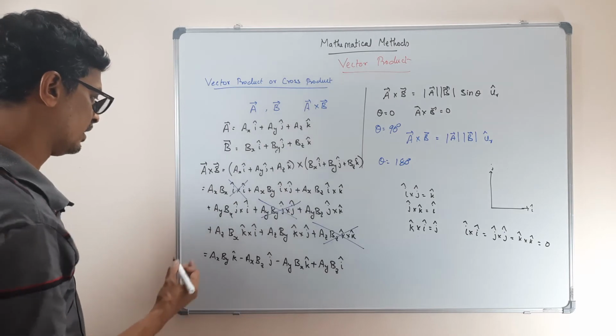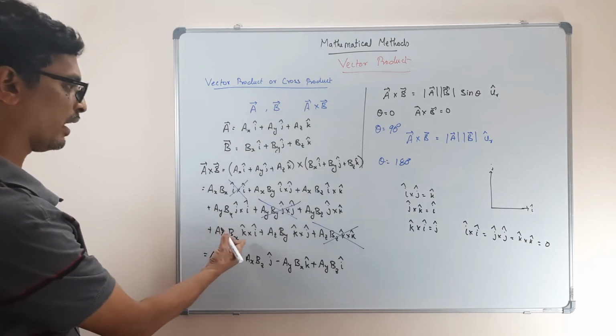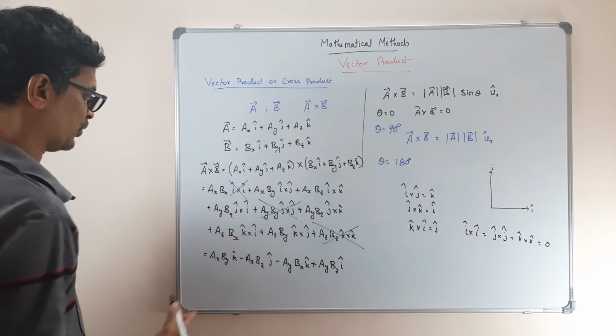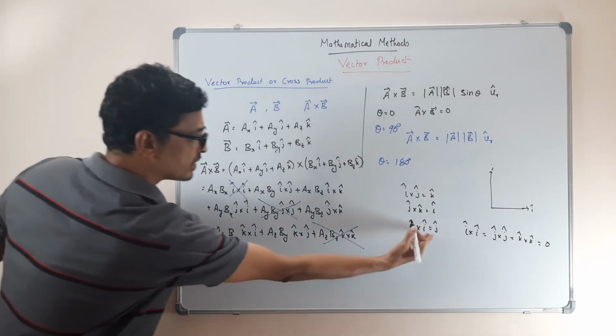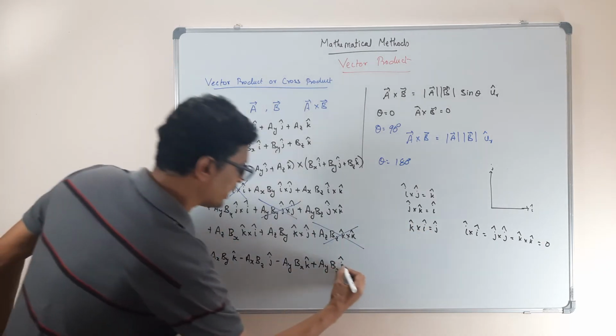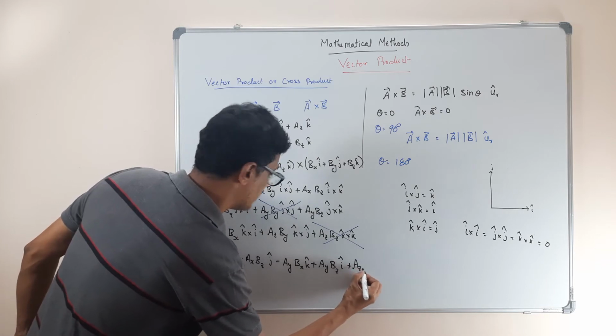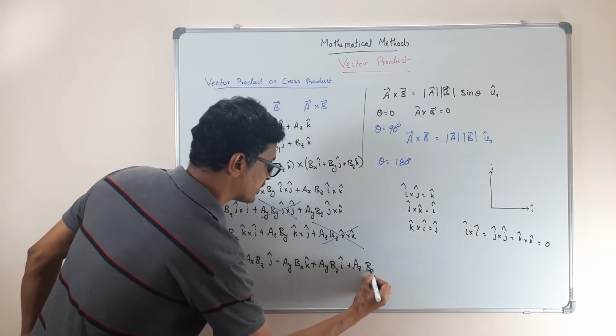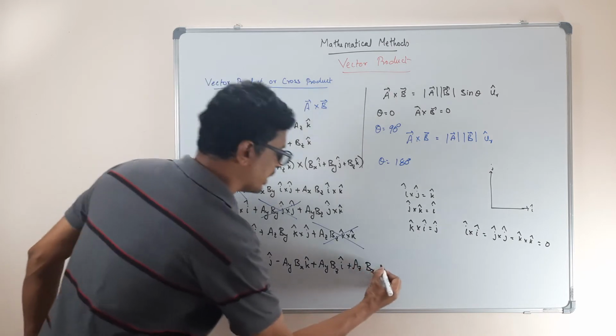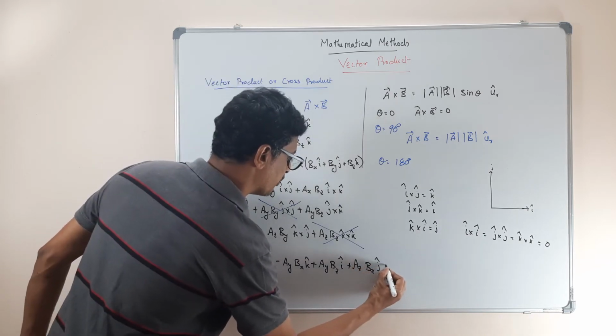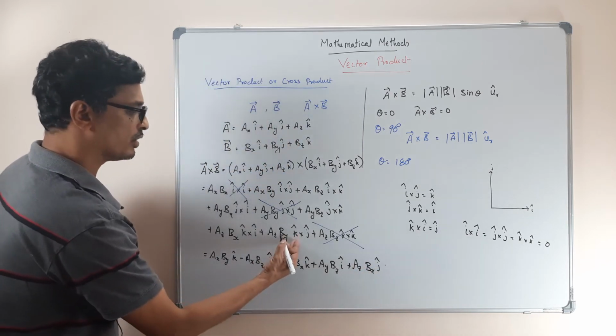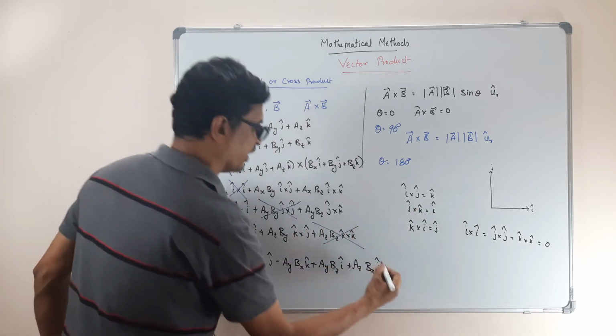Then what about the one left over? k cross i is j cap, positive, correct? So AZ BX, plus AZ BX into j cap. Very good. Then what about the last one? k cross j is minus.